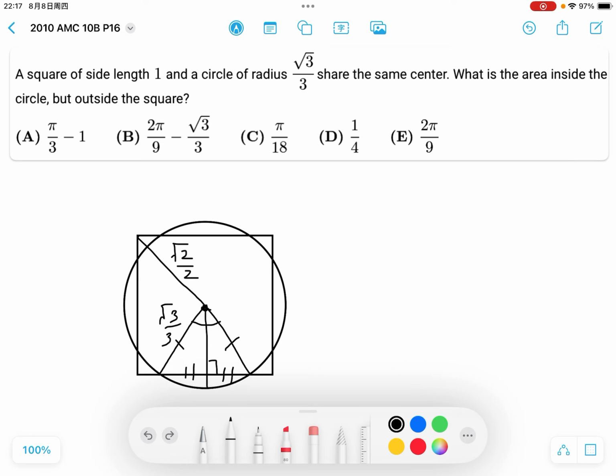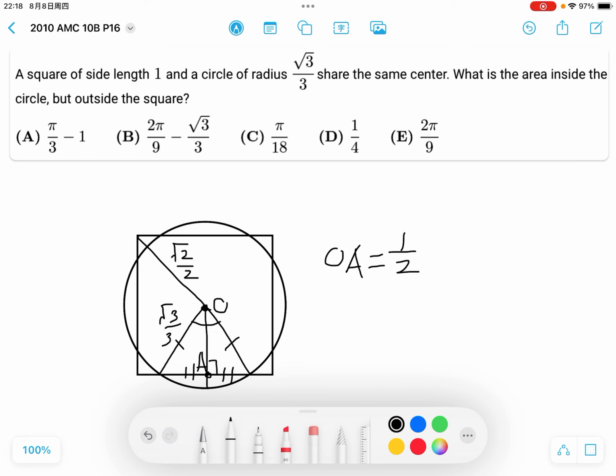If I call this point A, and the center O, OA is going to be equal to half of the side length, which is just 1/2.